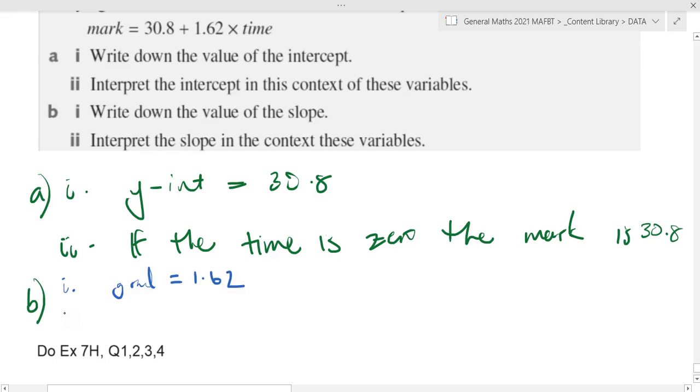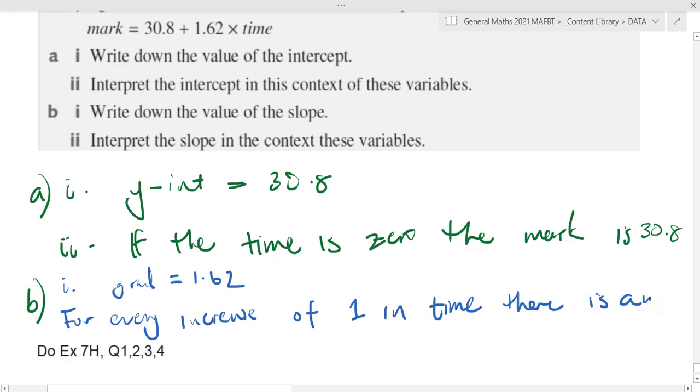For every increase of 1 in the what? In the EV, which is? What's my EV? In time. So in time. Yep. What's the rest? There is an increase of 1.62 in Mark. Oh, in the marks. Go with the marks.